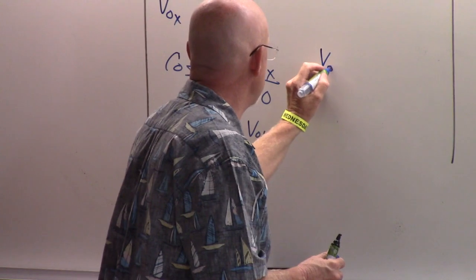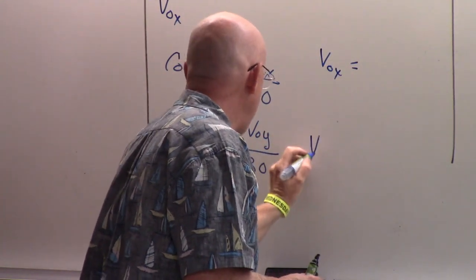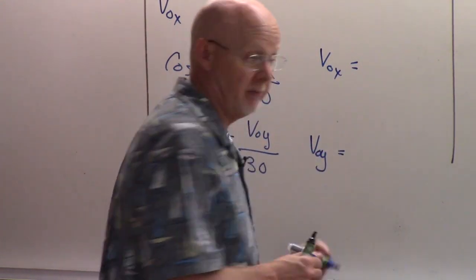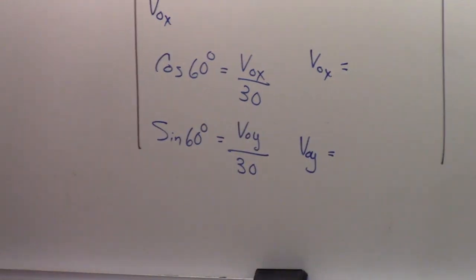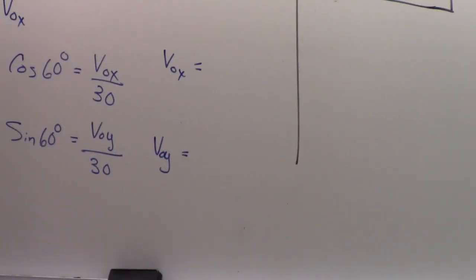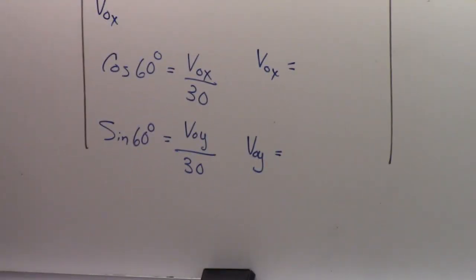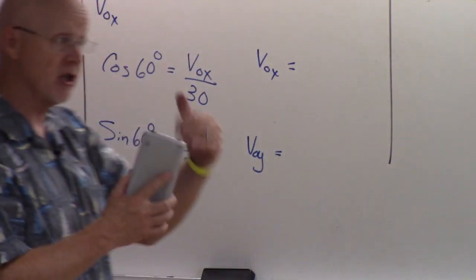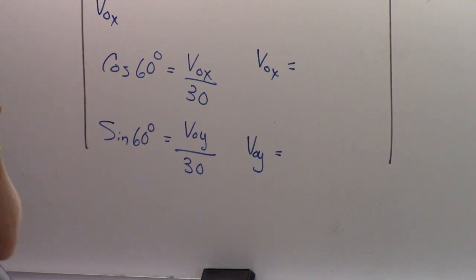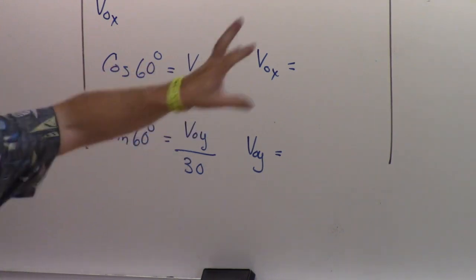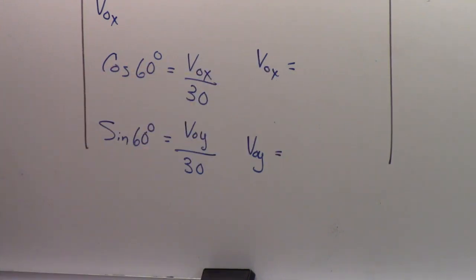So this is information that I will need because of that long discussion we had about vectors. We have to think about this not as just one speed, but as two speeds. It's equivalent to being so much in the x plus so much in the y. And I need them separately because I've got to calculate things separately.